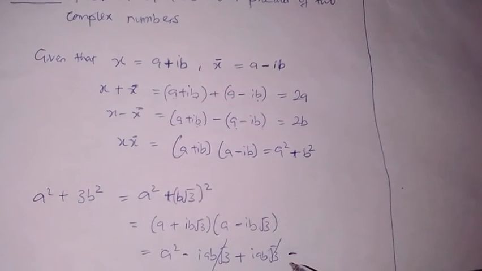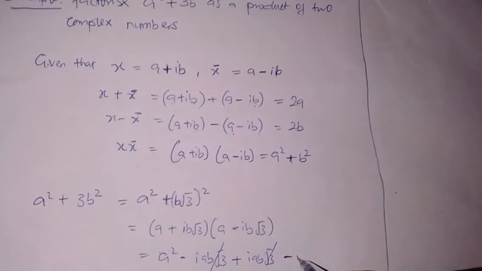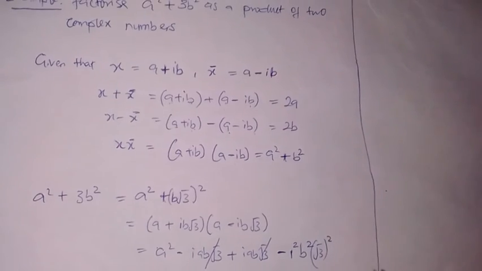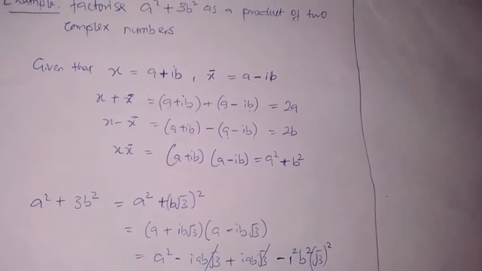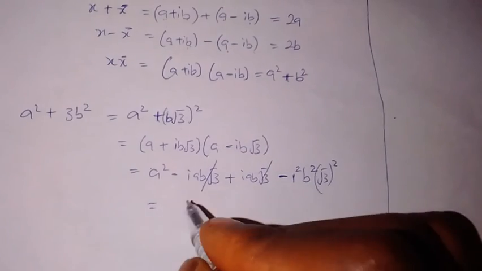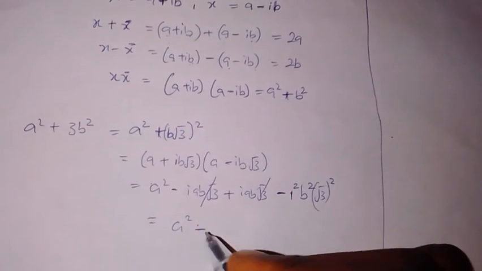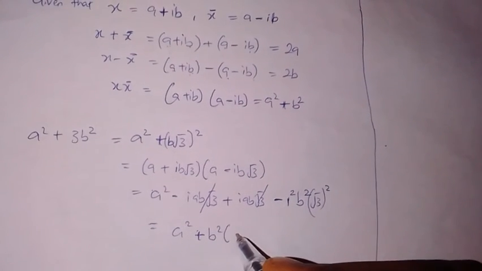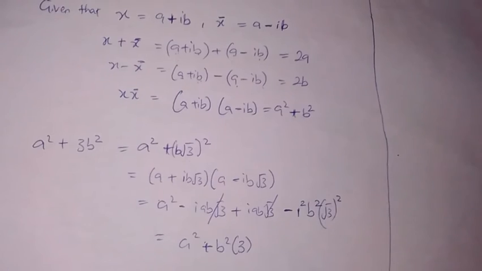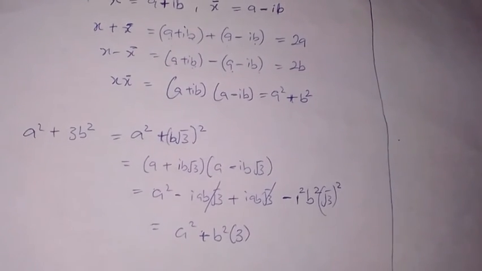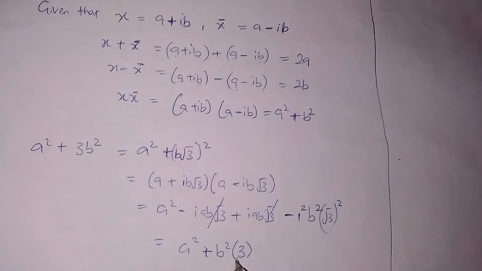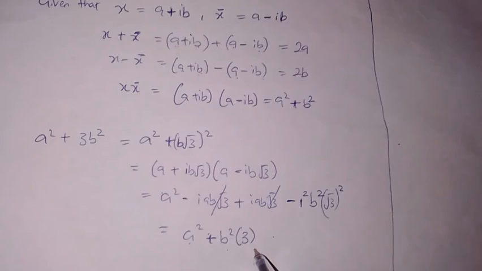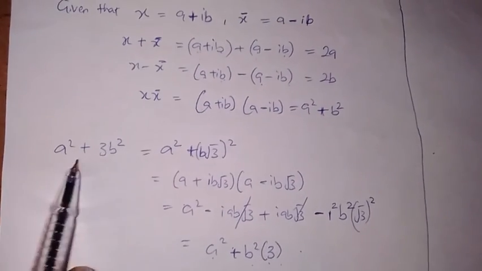Minus i squared b squared root 3 all squared. So in this case, a squared, minus becomes plus, b squared times 3. So my answer is a squared plus b squared times 3, which is the same thing as this.